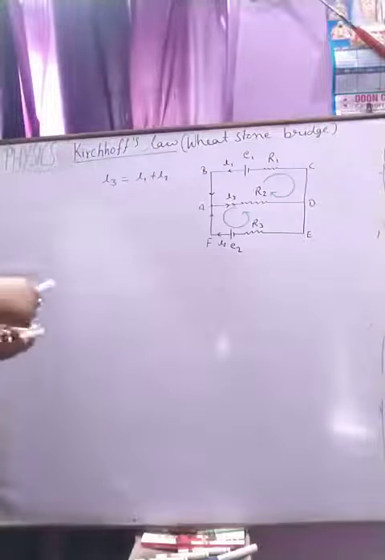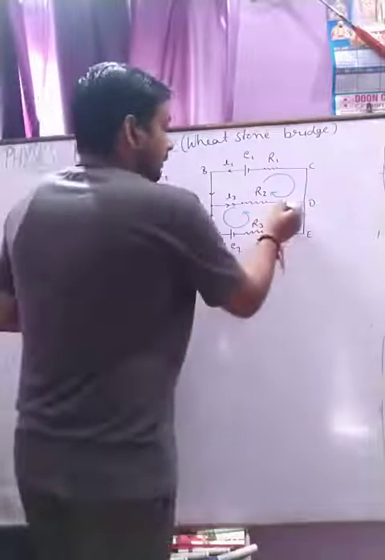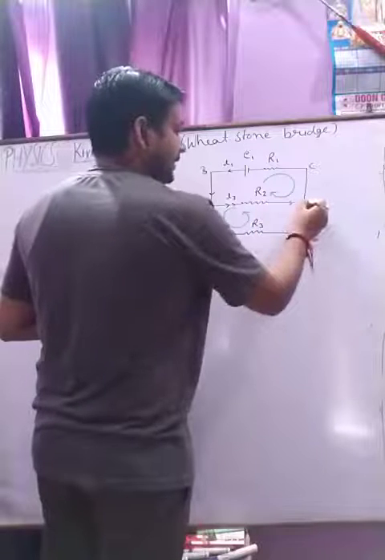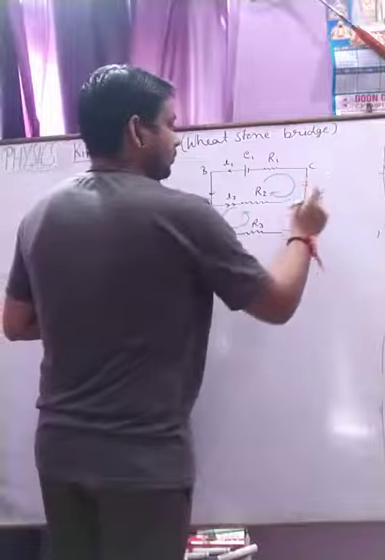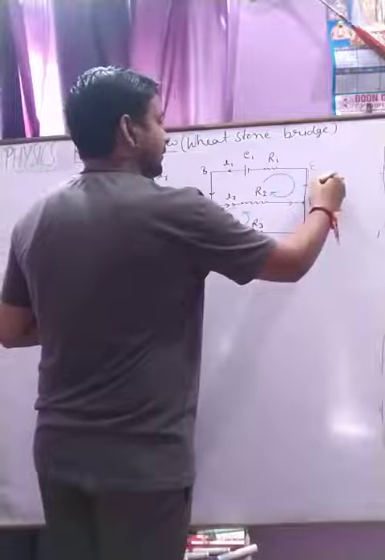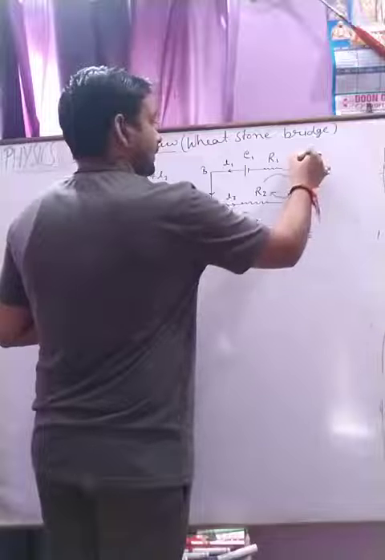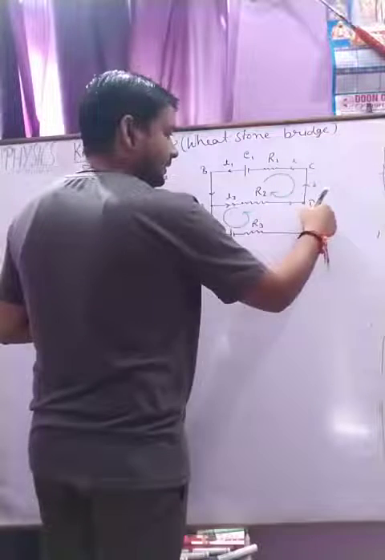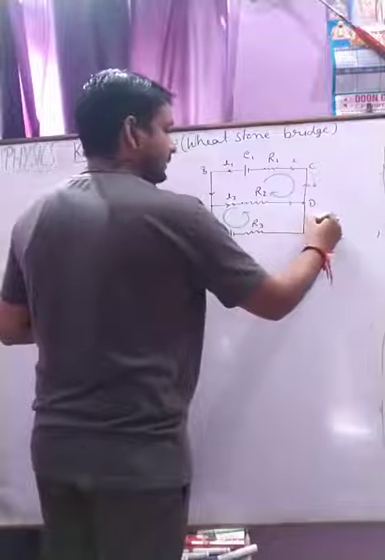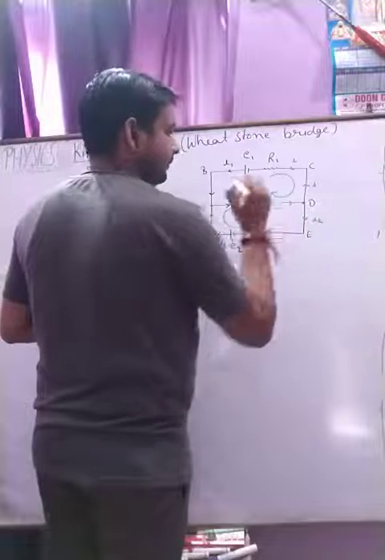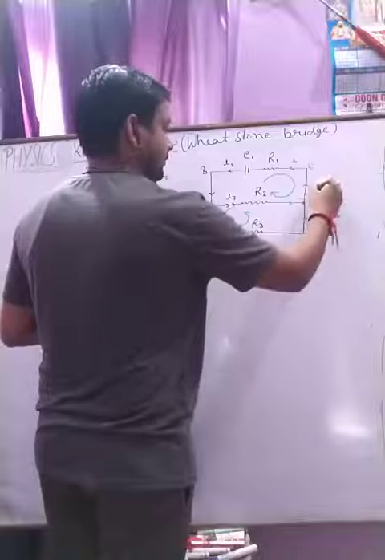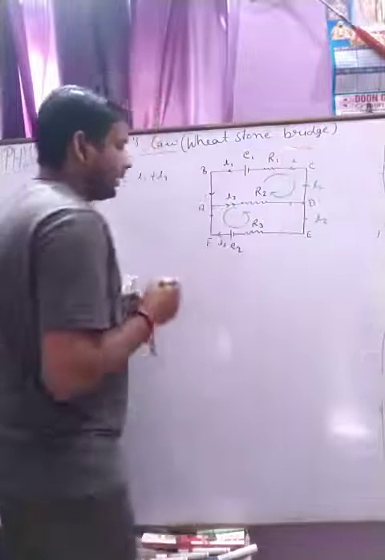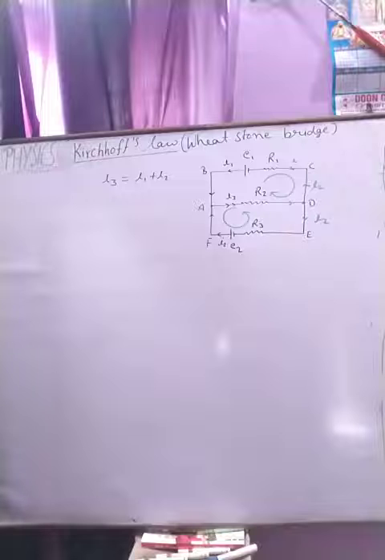Now when they reach point D, in the branch CD the current I1 is moving and in the branch DE the current I2 is leaving. These are the applications of Kirchhoff's first rule.